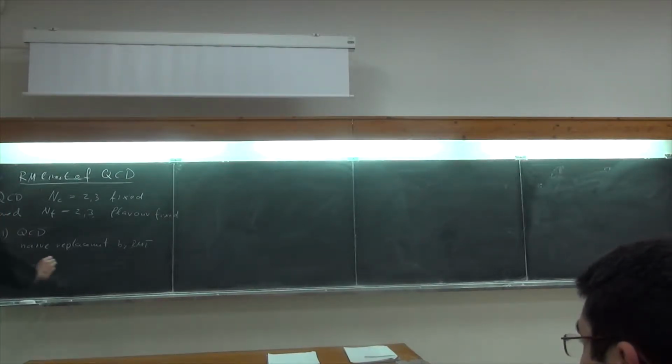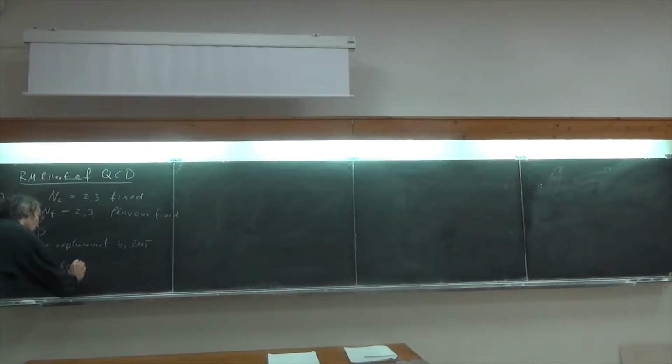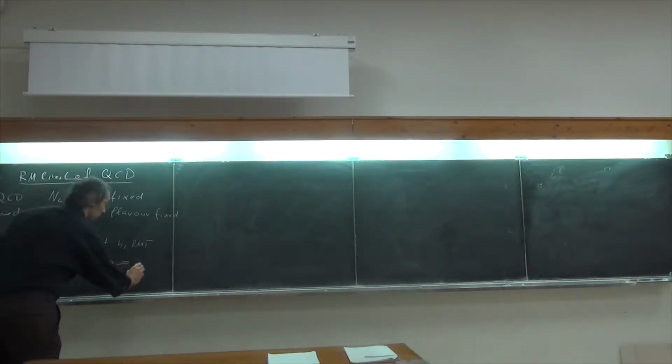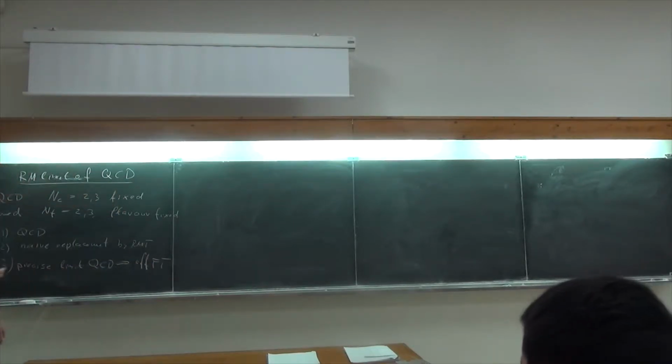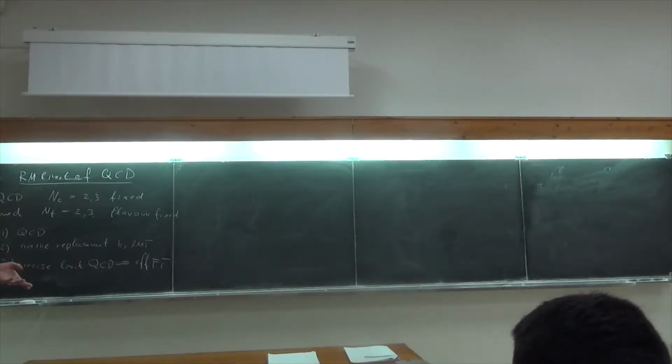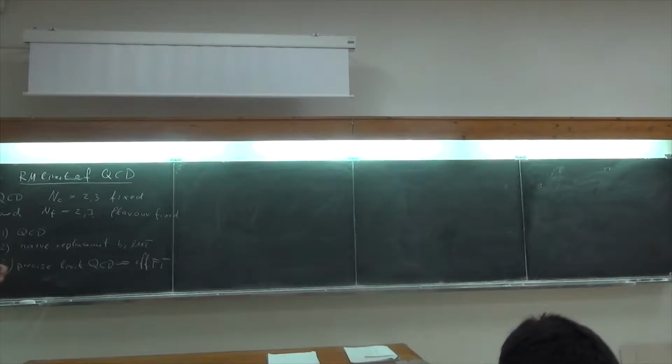So the precise limit, I may already say now, will be from QCD to go to an effective low energy field theory. This is an effective field theory for Goldstone bosons, because we will be dealing with the region where we have Goldstone modes, because we have a broken global symmetry.